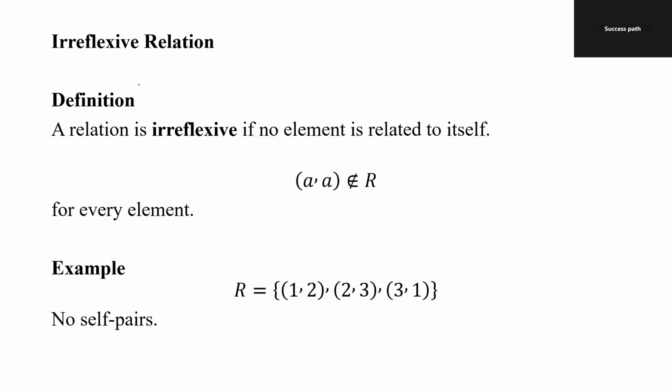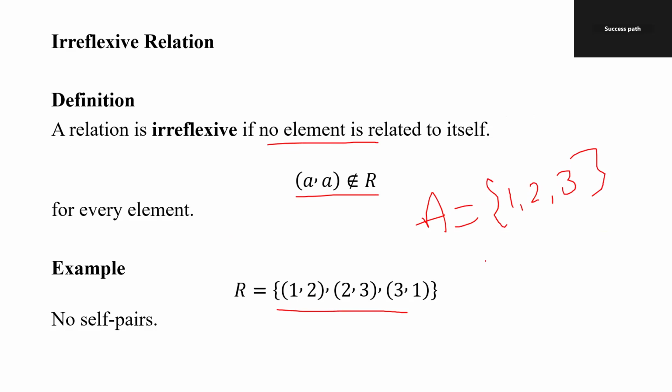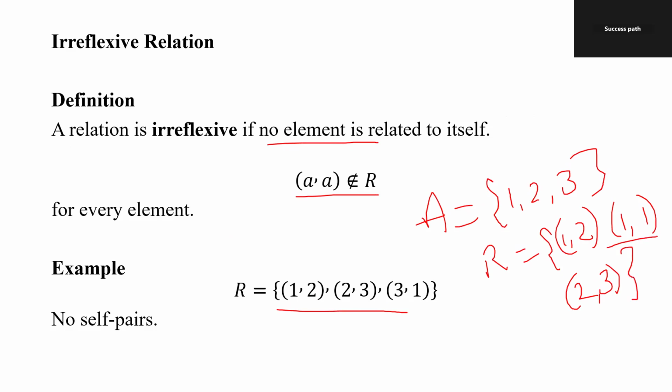And irreflexive relation. Irreflexive means no element is related to itself. It's the opposite of reflexive, so (a, a) does not belong to R. For example, (1, 1) won't be allowed, (2, 2) won't be allowed. For A = {1, 2, 3}, if the relation given is (1, 2), (1, 1), (2, 3), then this is not irreflexive because (1, 1) has come.